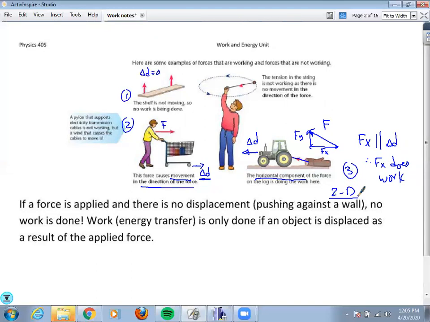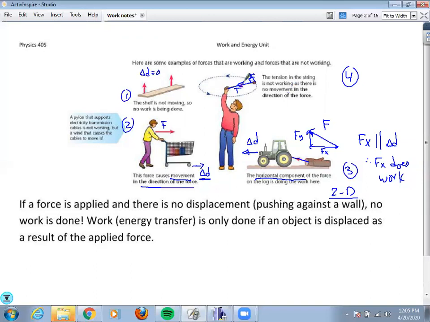Example number four, we have circular motion, we have tension. So tension is causing that centripetal force, but the object is moving in the circle, and there is a right angle, 90 degrees, between the movement, or the delta D, and the force, so therefore there is no work being done. So the tension in the string is not working, as there is no movement in the direction of the force.